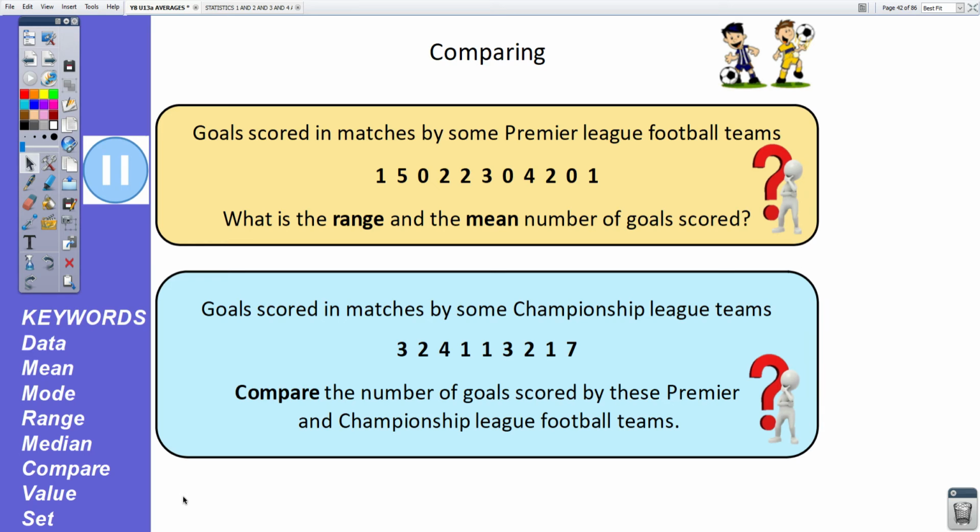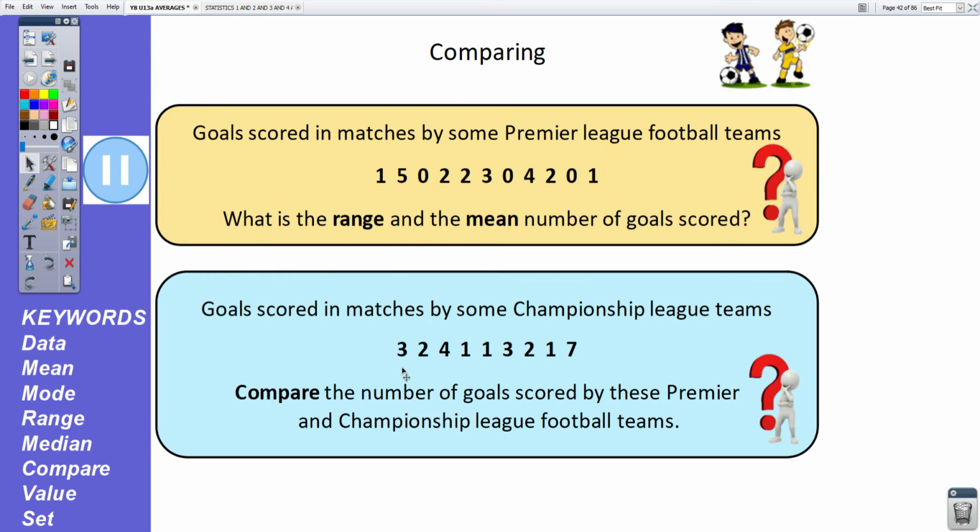Now, it does not say in the blue box what is the range and mean number of goals scored. However, if you are going to compare the number of goals scored, then you need to compare statistical data. You do not compare raw data. For instance, you would not say in the first game, this team scored 3, this team scored 1.